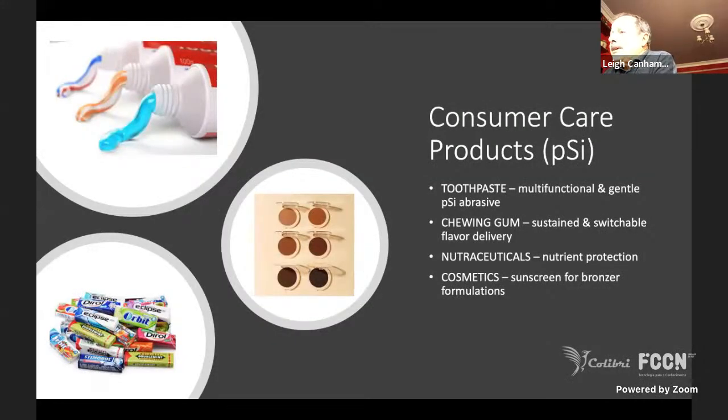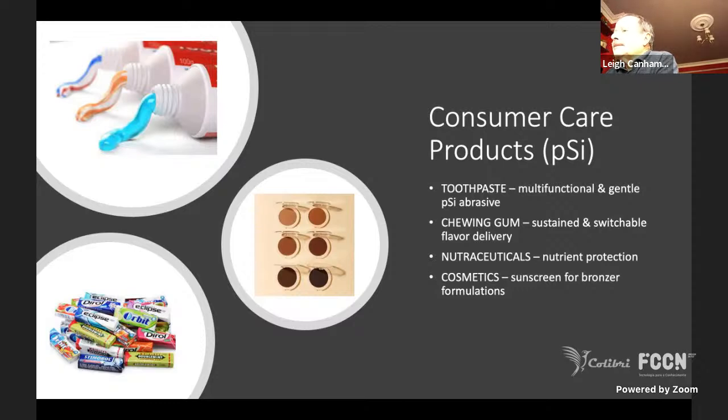So these were some of the industrial projects we had. We worked with a very big toothpaste manufacturer. We worked with a big chewing gum manufacturer. We worked with a big chocolate manufacturer and a cosmetic company.